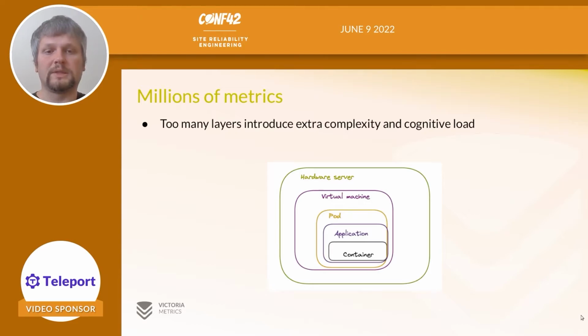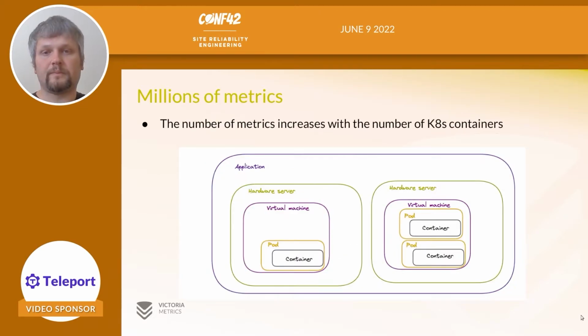And all these levels must have some observability. This means that they need to expose some metrics. And if you have multiple containers and multiple pods in Kubernetes, then the number of exposed metrics increases with the number of pods and containers.